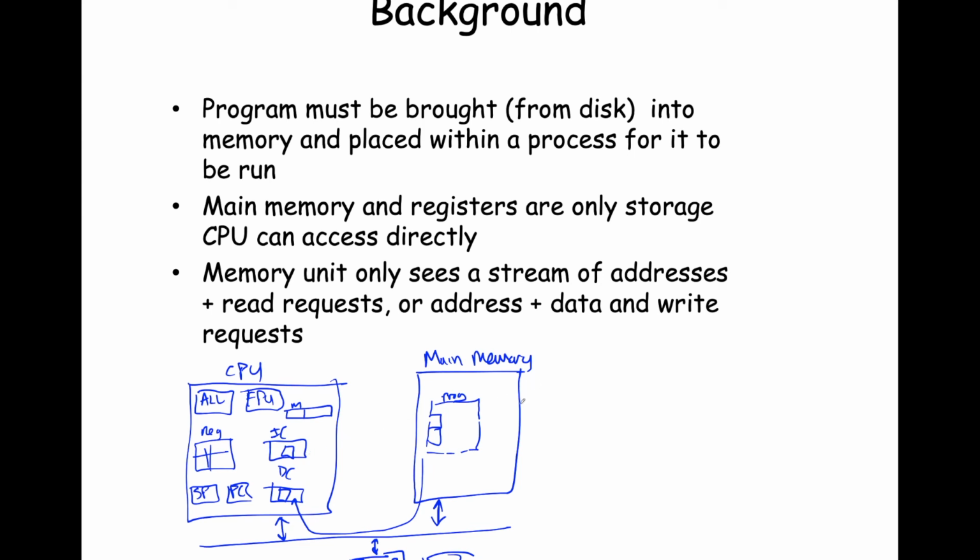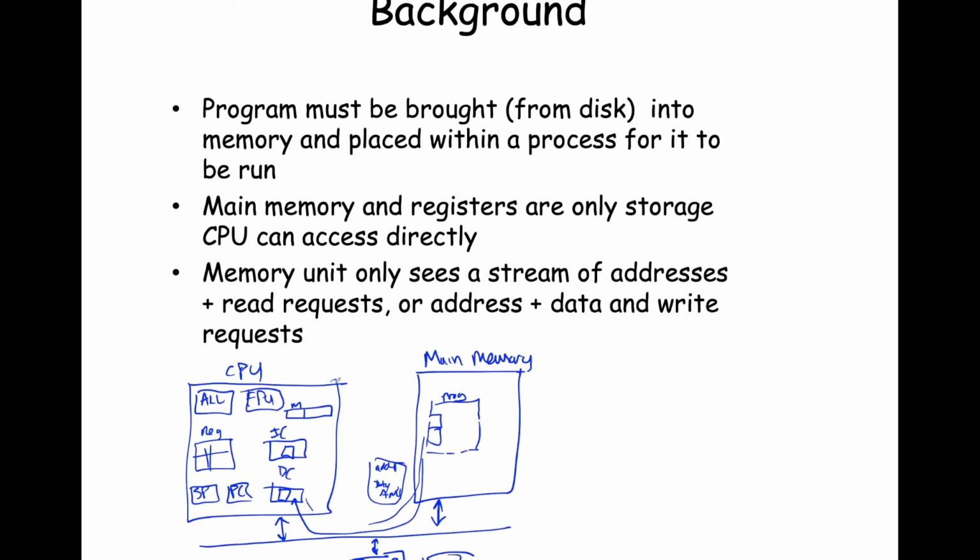So the memory unit only sees a stream of addresses and read requests, or addresses and data for write requests. This memory device knows that it's getting a read request with an address and an amount of data, and it satisfies this request by sending data to the particular device that issued the request.